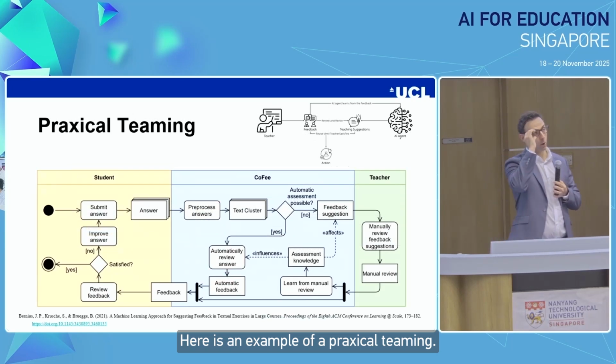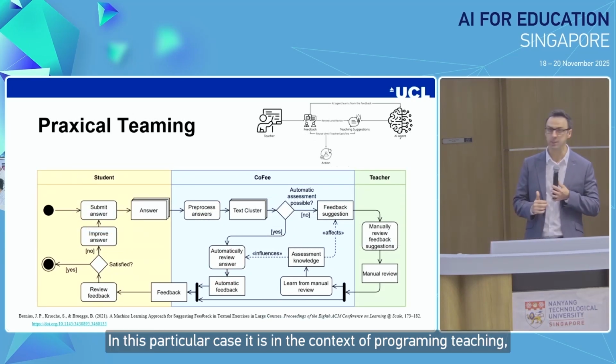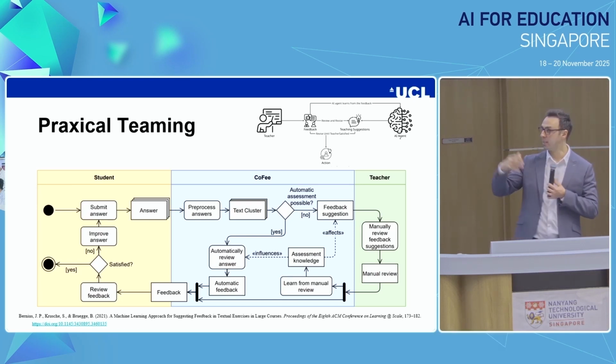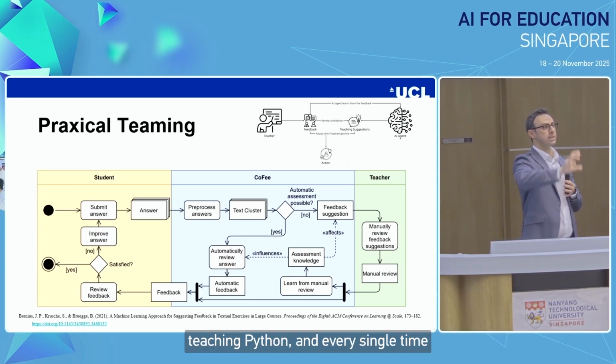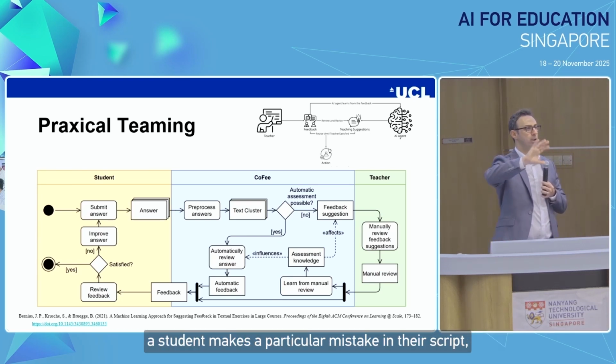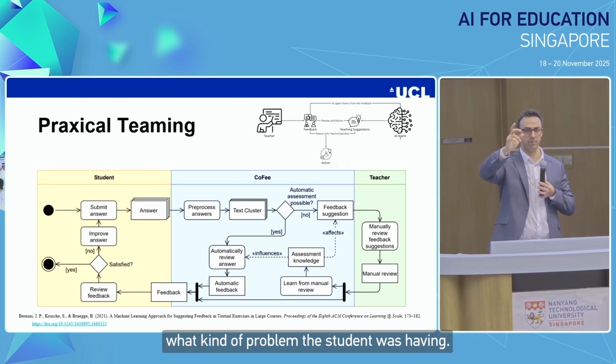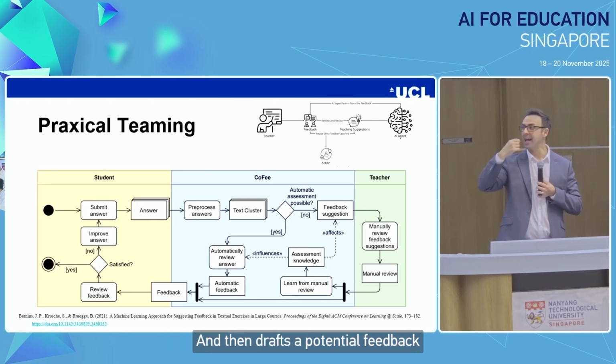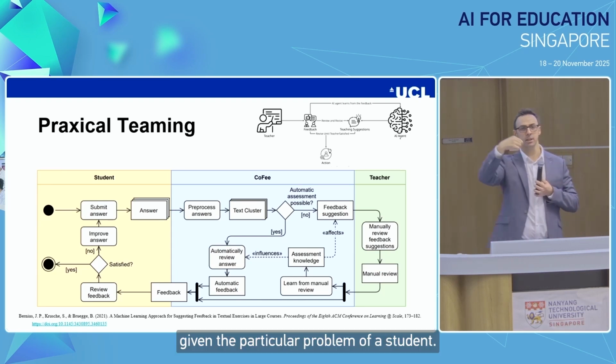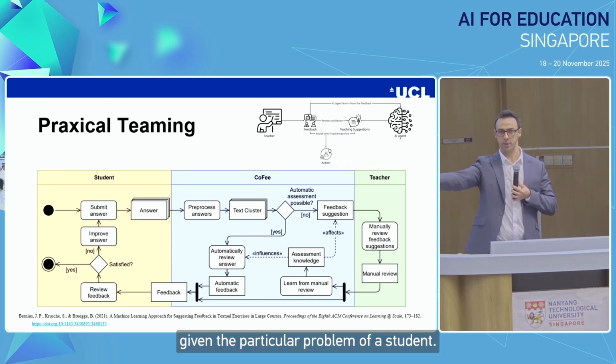Here is an example of a praxical teaming. In this particular case, it is in the context of teaching programming in Python. And every single time a student makes a particular mistake in their script, the model diagnoses what kind of problem the student was having, and then drafts a potential feedback given the particular problem of the student.